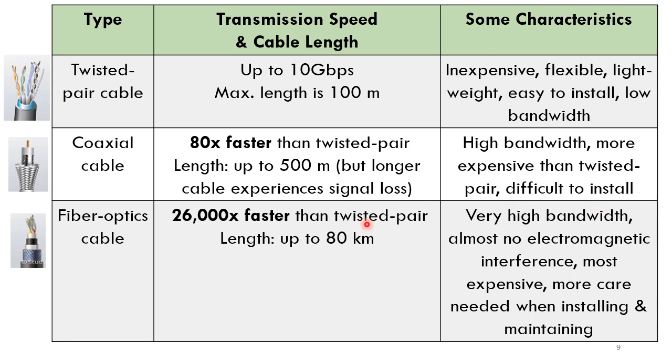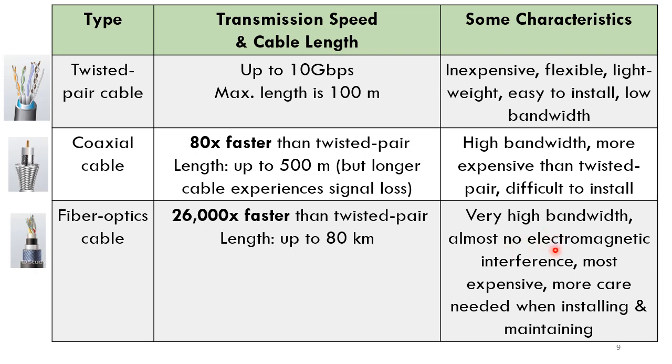What about the last one? Fiber optic cable. So you can see the speed here. 26,000 times faster than twisted pair. And the coverage is higher. It can go up to 80 kilometers. So let's look at the characteristics. Very high bandwidth.